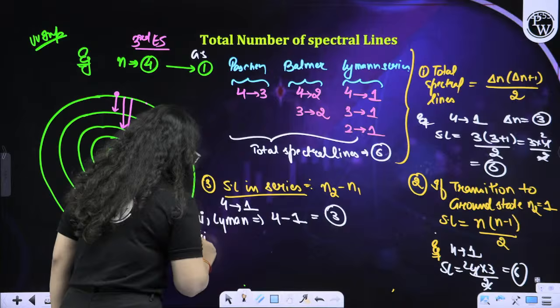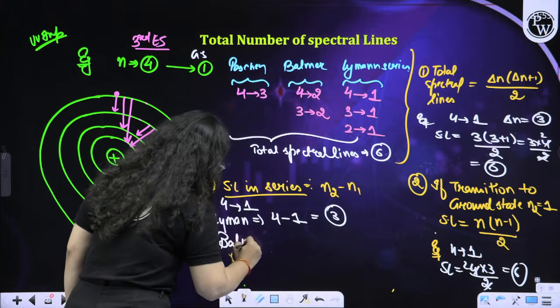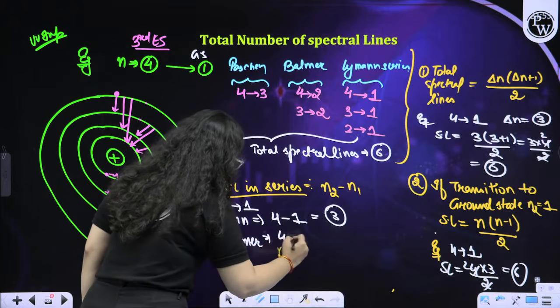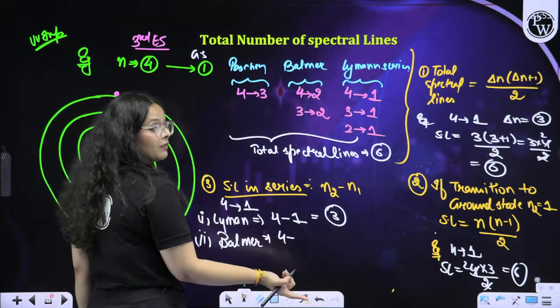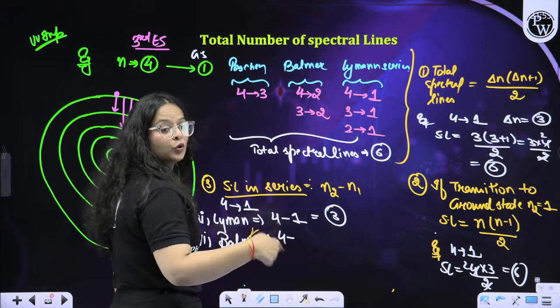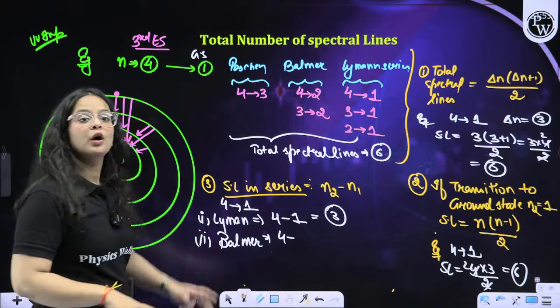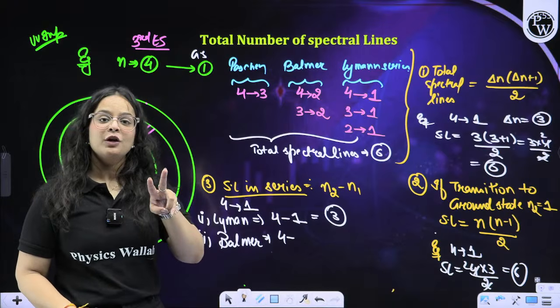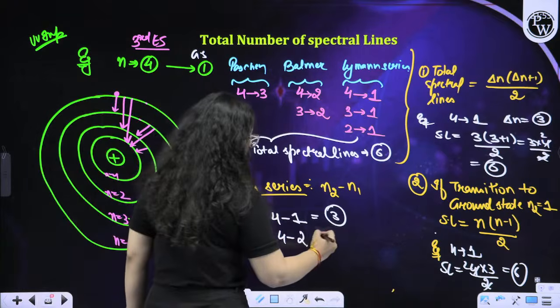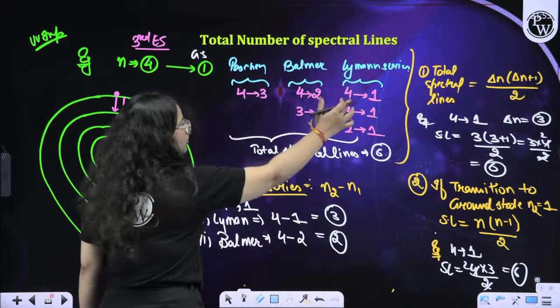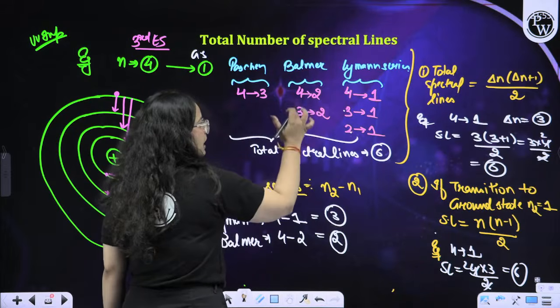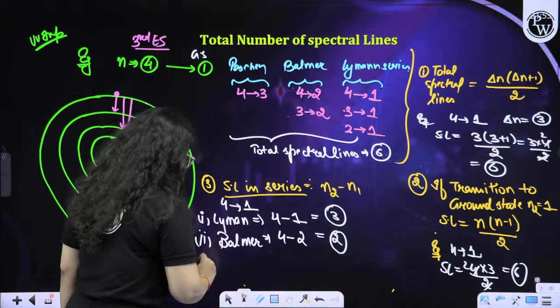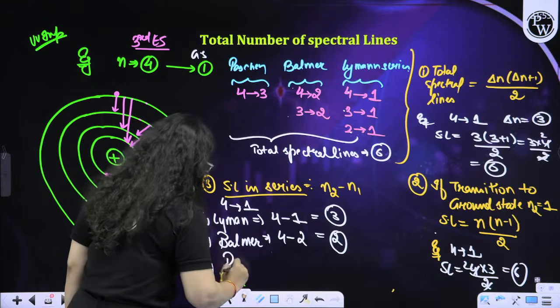Then moving to the second, that is Balmer. Here we are undergoing the transition from 4 to which level? Balmer is for 2, so 4 to 2. I'm getting only 2 lines. Have a look: in Lyman we have 3 lines, in Balmer only 2 spectral lines. Next is Paschen.